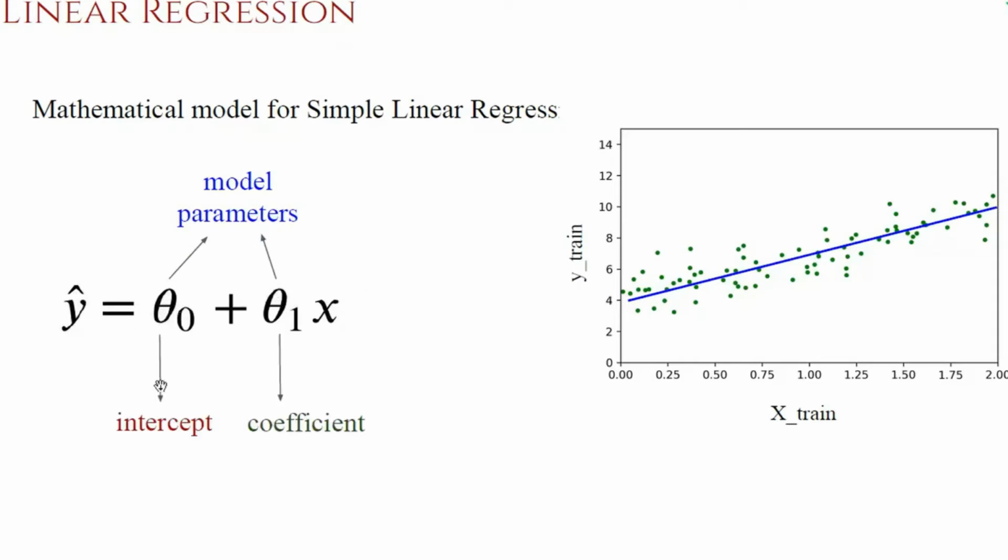This theta 0 is referred to as the intercept, which is the y-intercept. In artificial neural network or deep learning domain, we refer to this as bias. So intercept or bias, it's all the same thing. And theta 1, theta 2, and so forth are referred to as coefficients, because theta 1 is the coefficient of x.